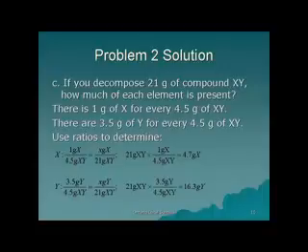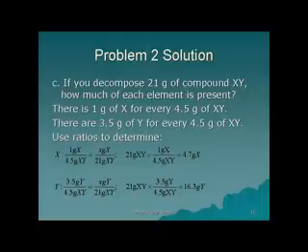Well, all we have left to solve for is part C. Here it is. If you decompose 21 grams of compound XY, how much of each element is present? Well, one of the things that we know is that there is 1 gram of X for every 4.5 grams of XY.